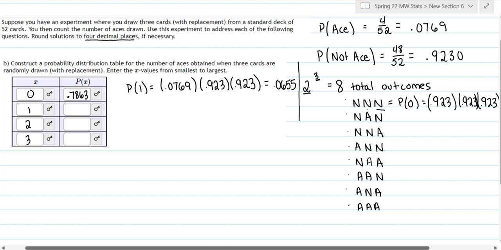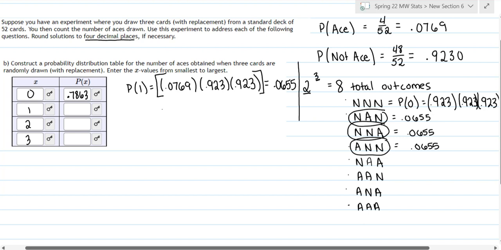Let's look at that. We got here, here, or here. So all of these have a probability of 0.0655. So we're going to add all of those together, or we're going to take this whole thing and multiply by 3. I don't want to put a little 3 there because I don't want you to think you're raising it.